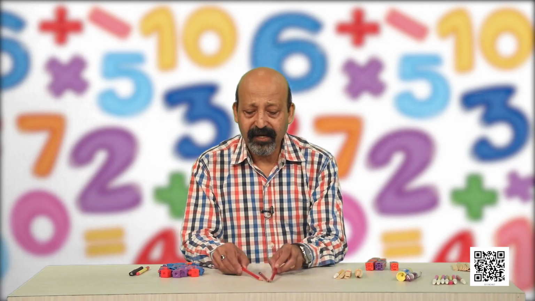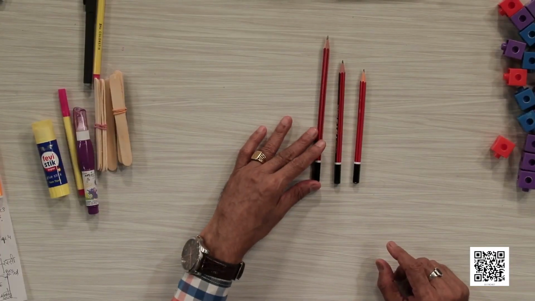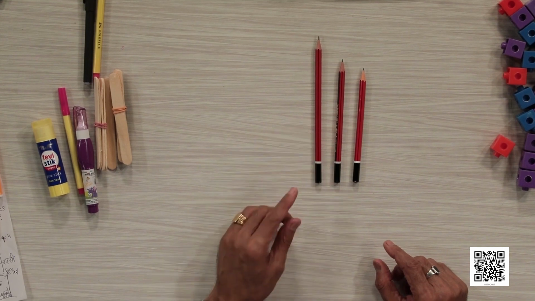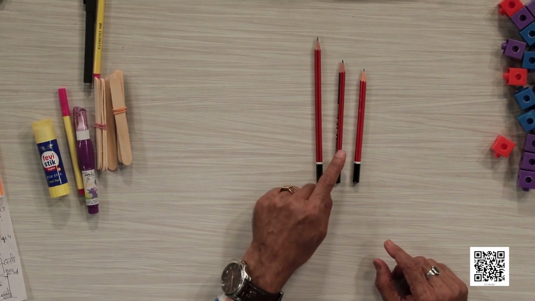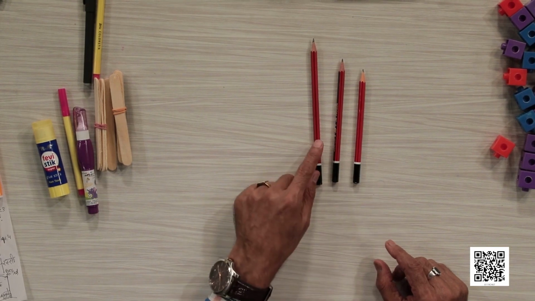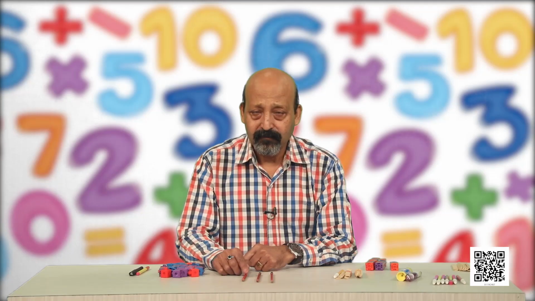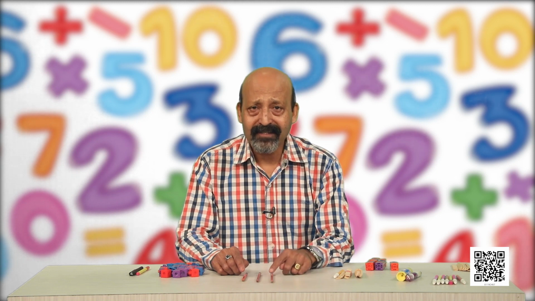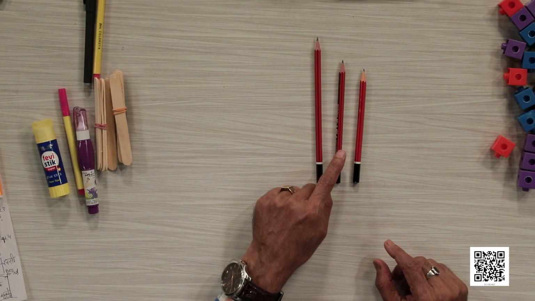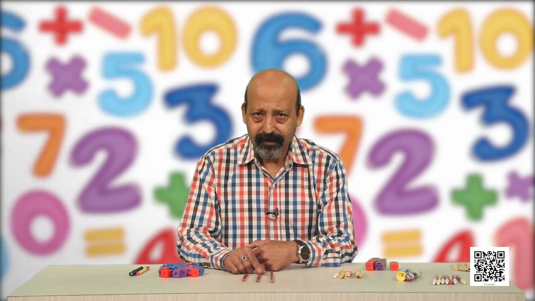Now, if we see out of these three, this pencil is the longest one and this pencil is the shortest one. So, we use longest and shortest, and this middle one, is it longer or shorter?